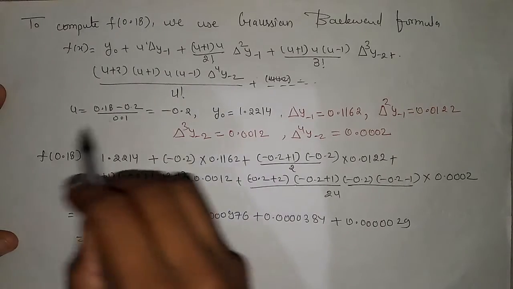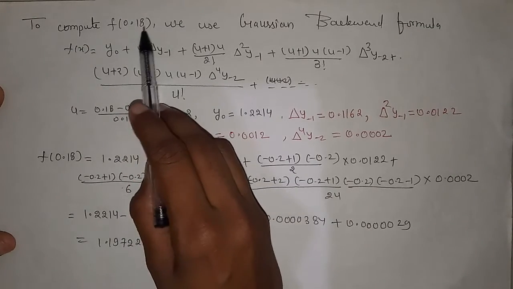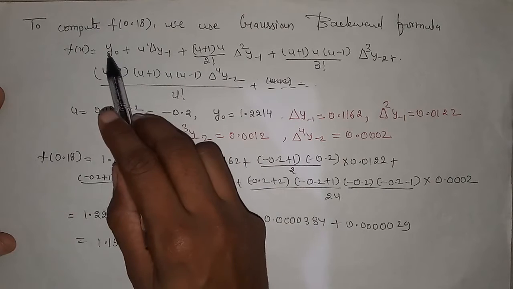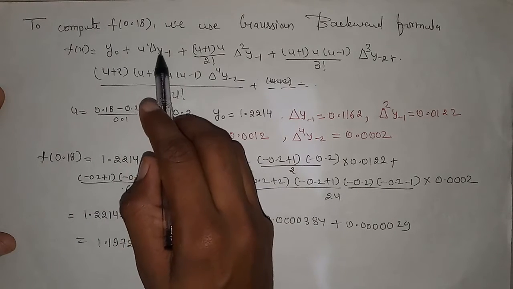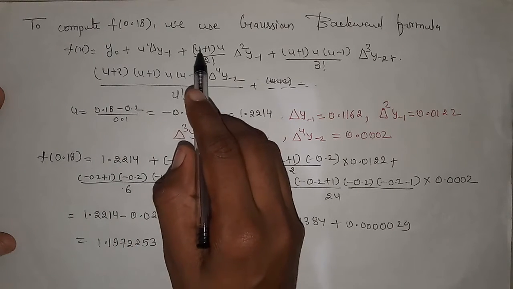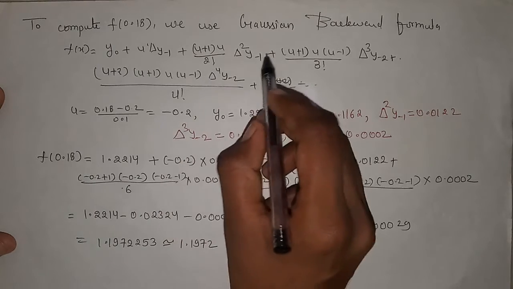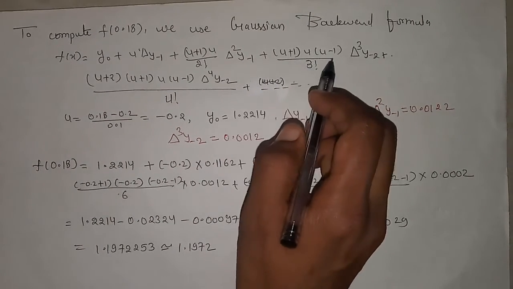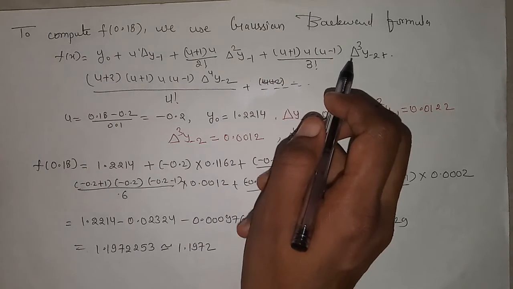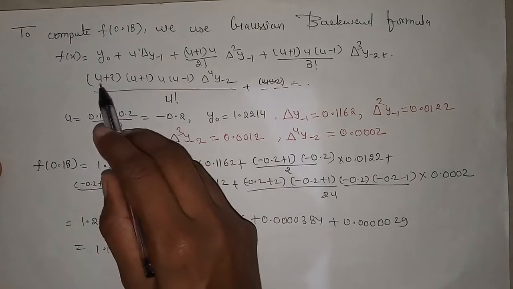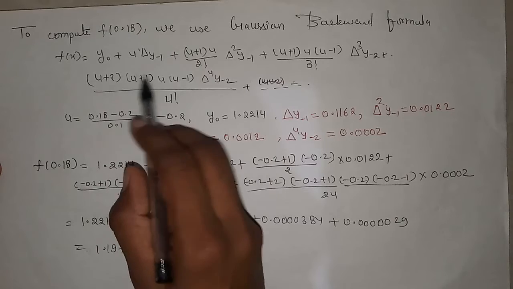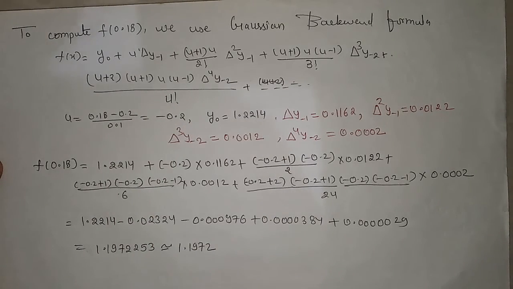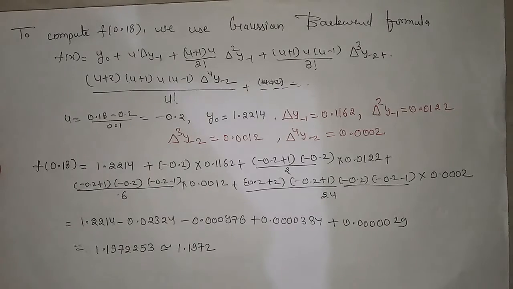Now we have to calculate f(0.18), so we will use the Gaussian backward interpolation formula given by y0 plus u delta y−1 plus u(u+1)/2! delta² y−1, u(u+1)(u−1)/3! delta³ y−2, u(u+1)(u+2)(u−1)/4! delta⁴ y−2, and so on.